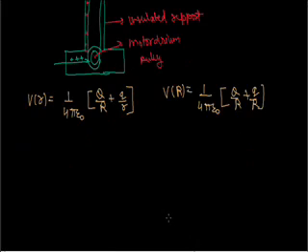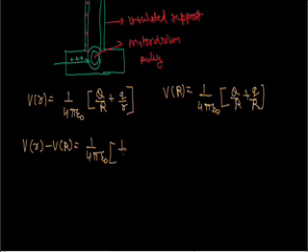So the difference between the potentials will be V r minus V R, which is 1 upon 4 pi epsilon times the difference of 1 upon r and 1 upon R. One term is higher, so the other will be less, and this is lower, so this term will be more.